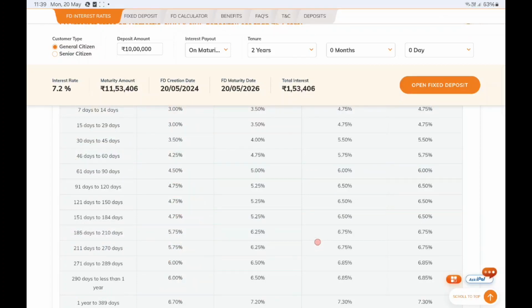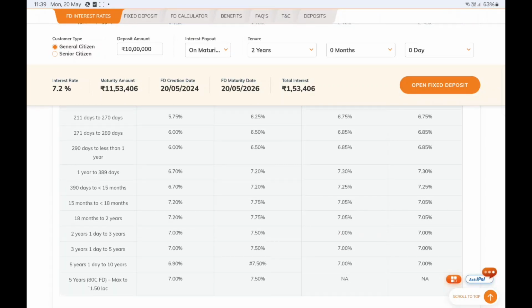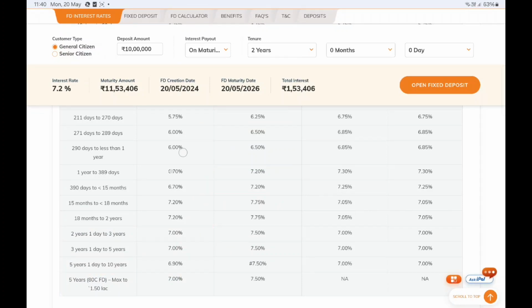So as the term increases, the interest rate also increases, but there is an exceptional case. As the term goes beyond 2 years, from 5.75 to 6, 6 to 6.7, 6.7 to 7.2, but then 7.2 to 7, 7 to 6.9. Here it is reducing, there it is increasing.